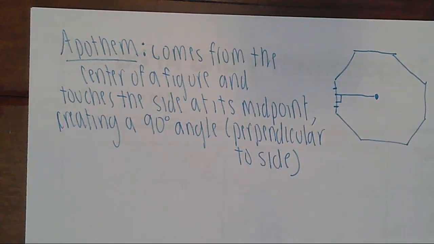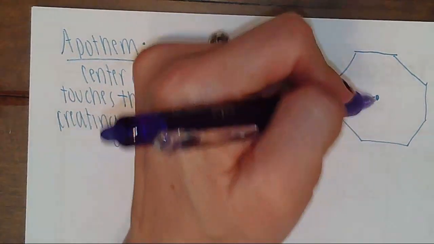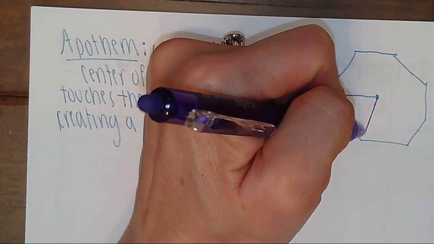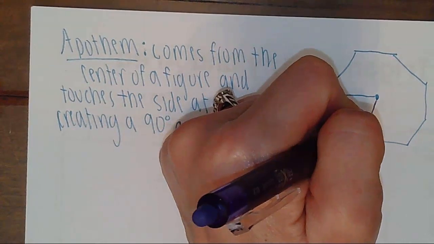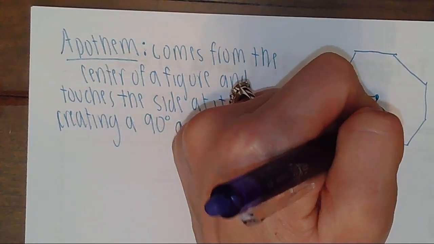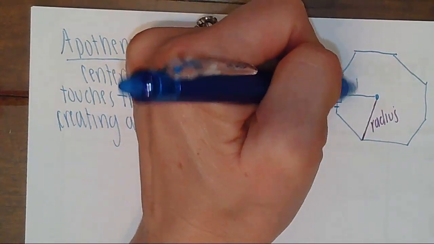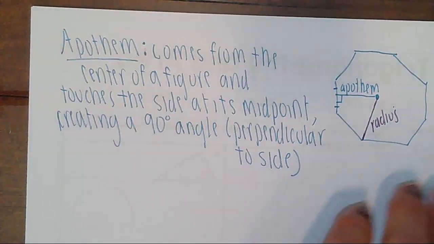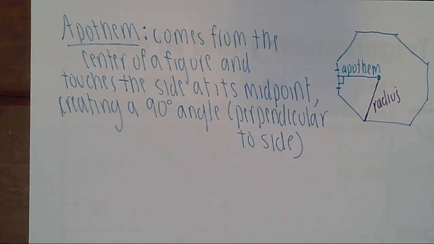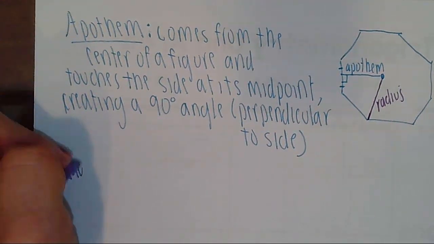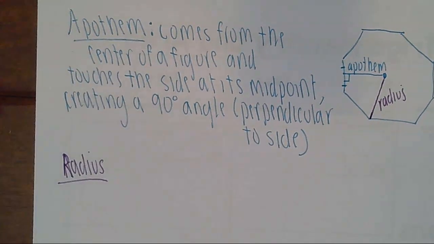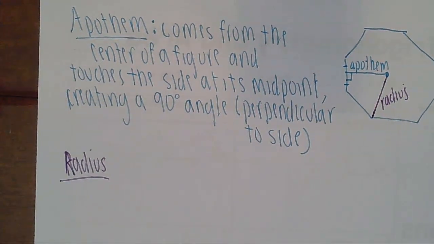The radius, it comes from the center and it goes to a vertice. So this would be the radius here, and this would be the apothem. Okay, so the radius, if you want to think of it, originates at the center and connects with a vertice.